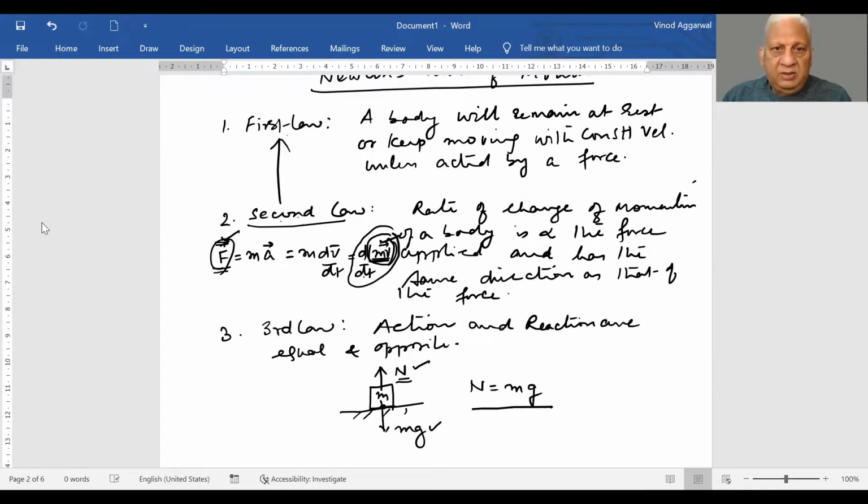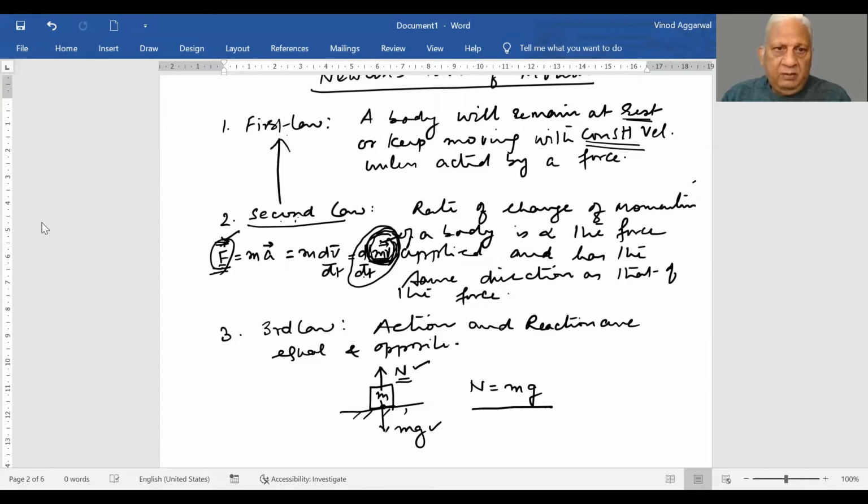Momentum means, if mass is not changing, velocity will change only if force is applied. So if some body's velocity is 0, it will remain at 0, means it will remain at rest. Or if it is moving with any velocity, its velocity will not change because there is no force applied, and hence there is no change in momentum, and its velocity will remain constant.